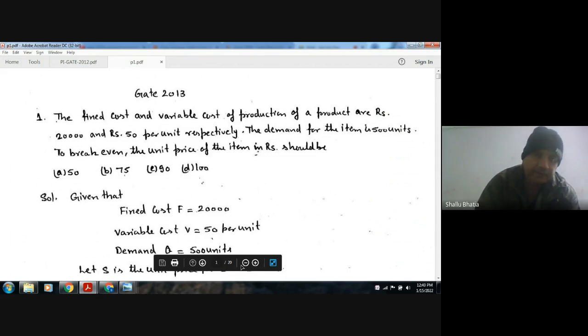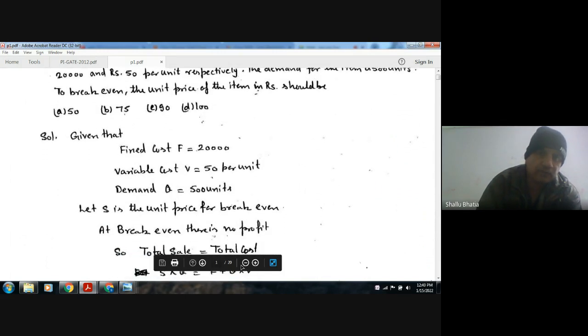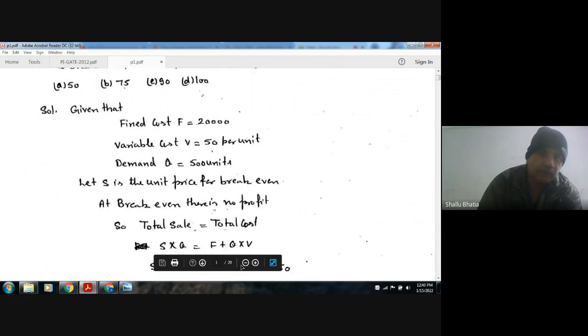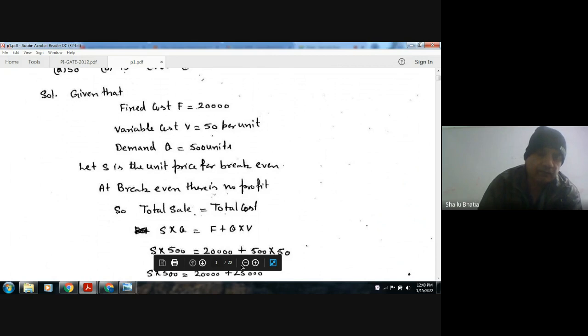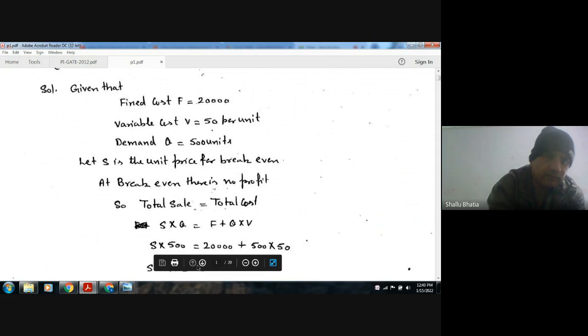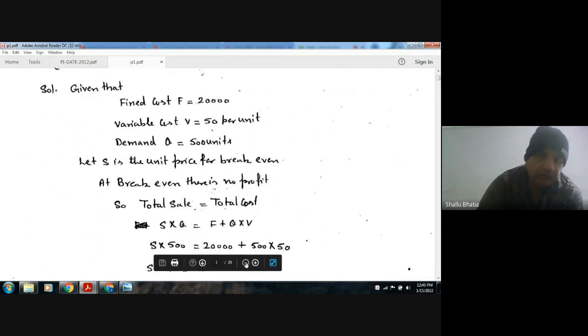option D 100. Okay. As the fixed cost is 20,000 and variable cost is 50 per unit, and demand is 500 units. At the break-even point there is no profit, no loss. So the total sale is unit price into break-even quantity, and total cost is fixed cost plus variable cost.